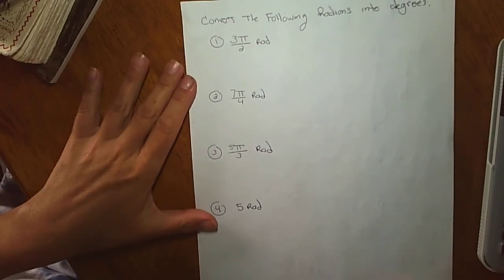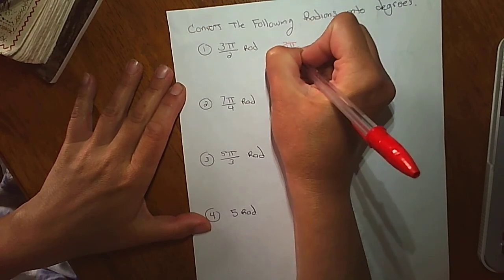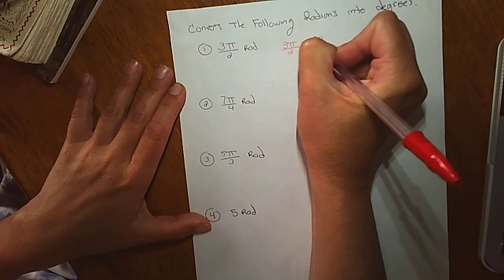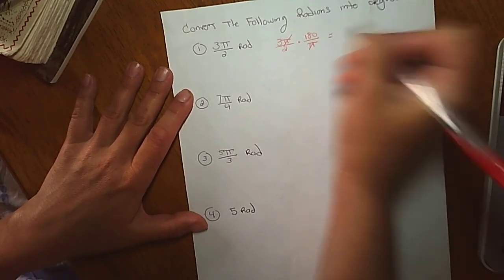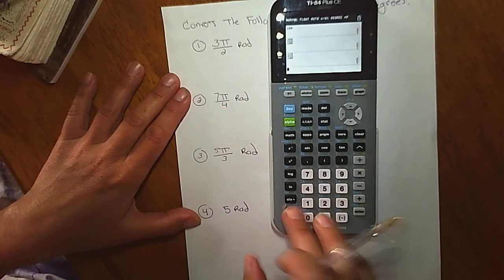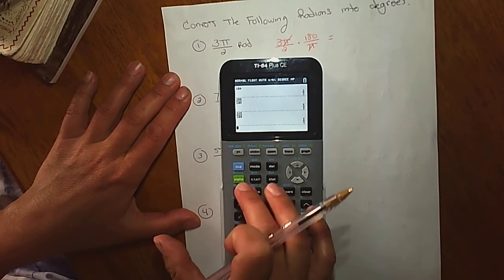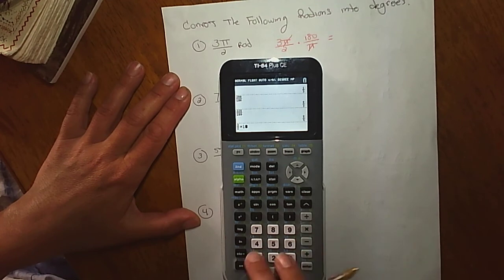You can pause me. And let's see what degrees you end up with. Okay, so I hope you paused me. Do 3 pi over 2 times, now you're going to multiply it by 180 over pi. You're going to do the reciprocal. These cancel, right? Then you're going to do 3 times 180. You can just put it in your calculator if you want. We can even do fraction button 3 over 2 times 180.